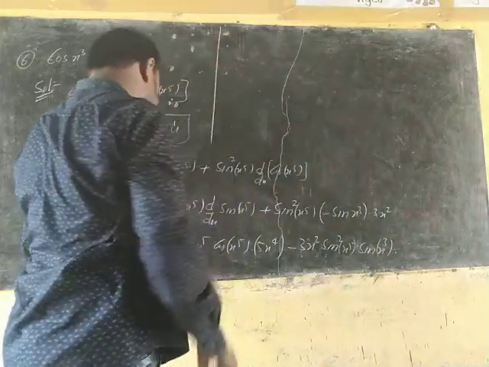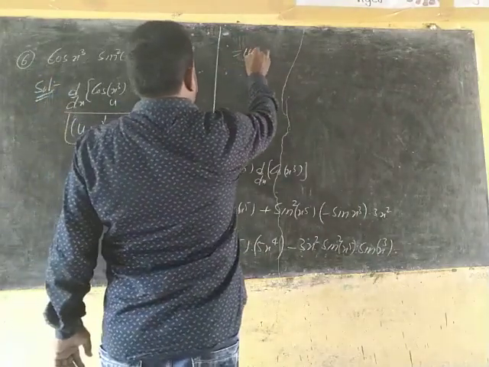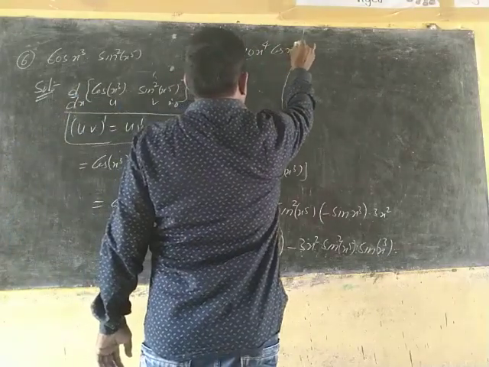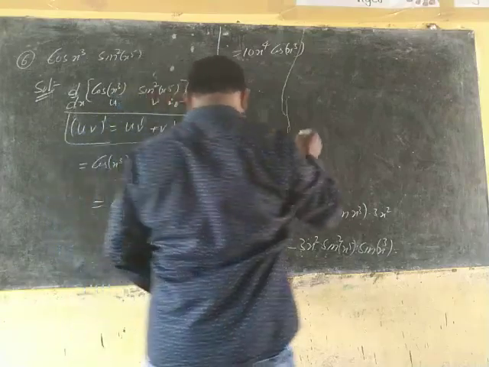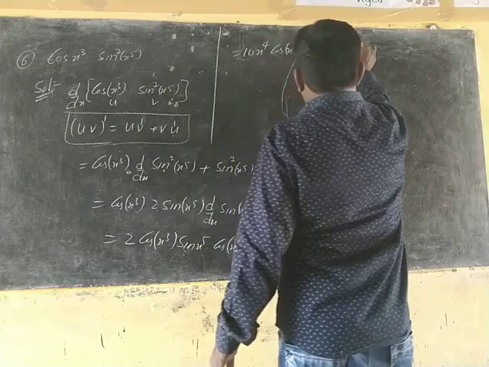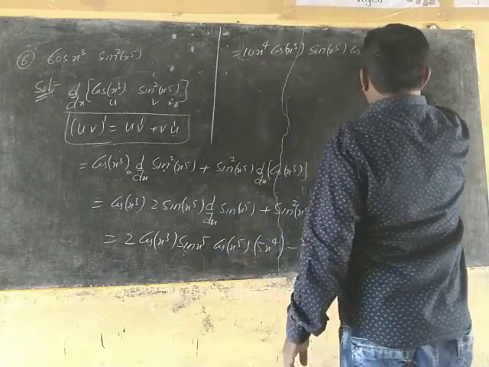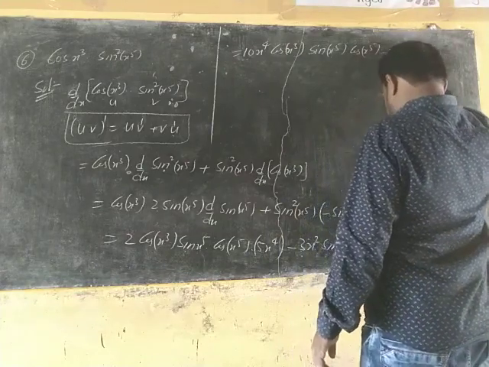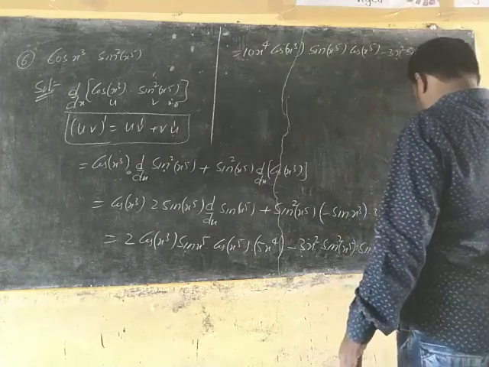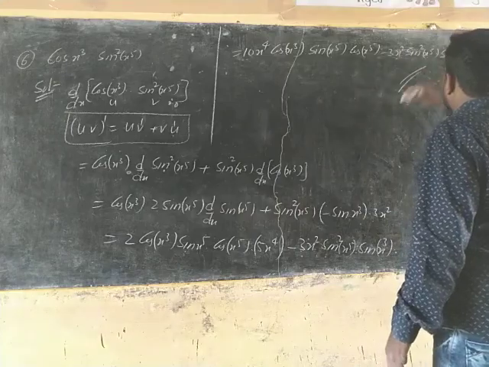Now last step, you see, 2 into 5 is 10x power of 4 cos of x cube sine of x power of 5 cos of x power of 5 minus 3x square into sine square of x power of 5 into sine of x cube. This is the answer.